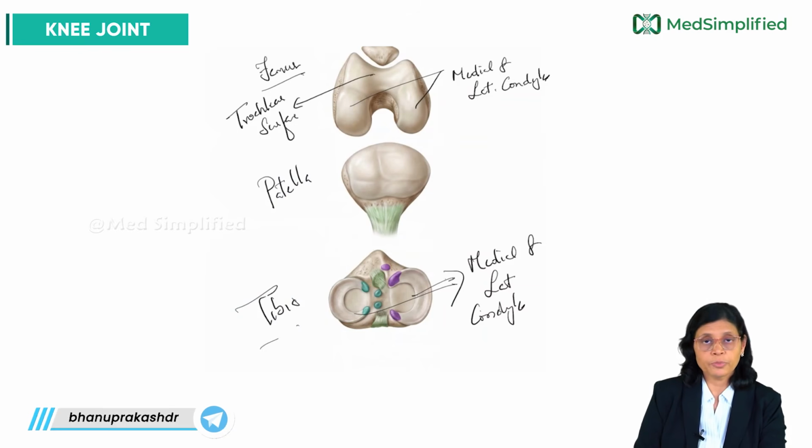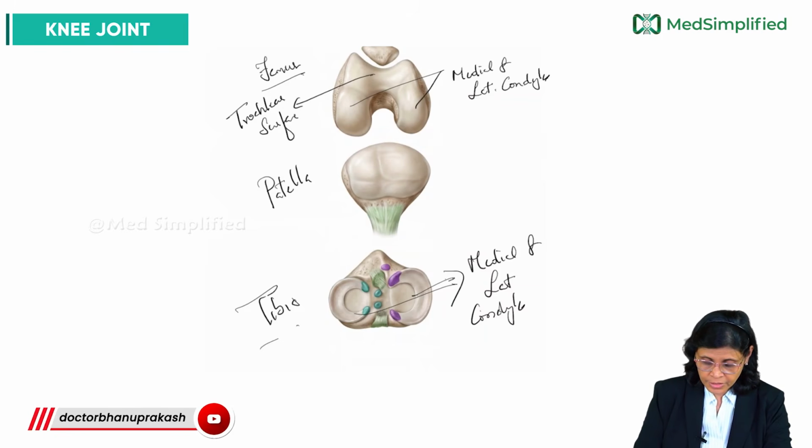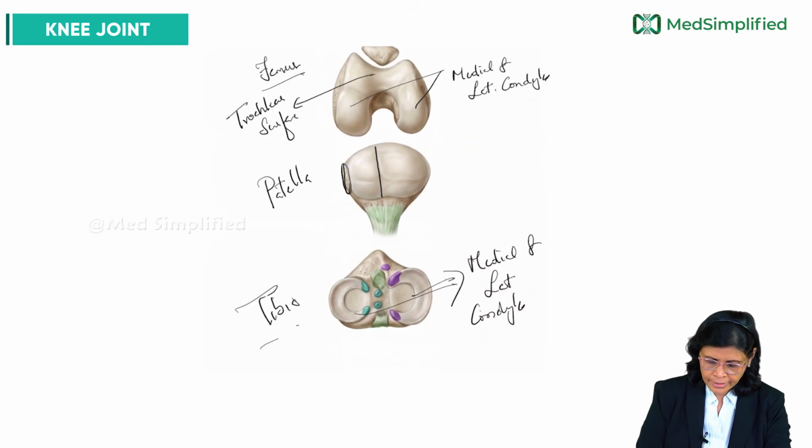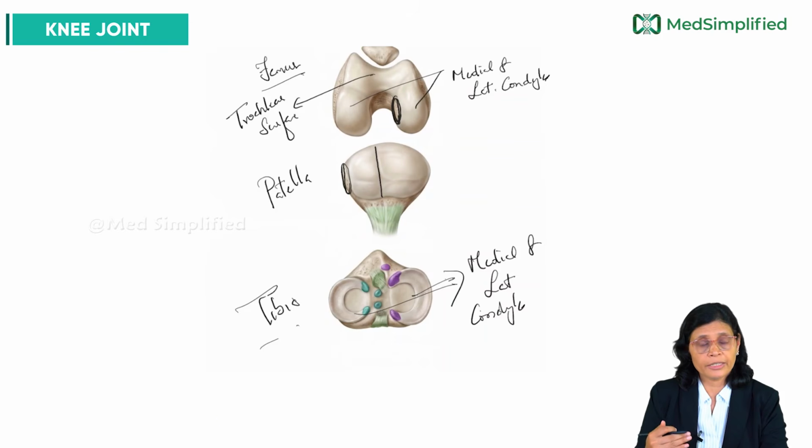The posterior surface of the patella articulates with the trochlear surface of the femur. We divide this posterior surface into a larger lateral part and a smaller medial part, and there is a small medialmost strip, which articulates with the medial condyle. The different surfaces of this posterior part come in relation to the femur in different movements.